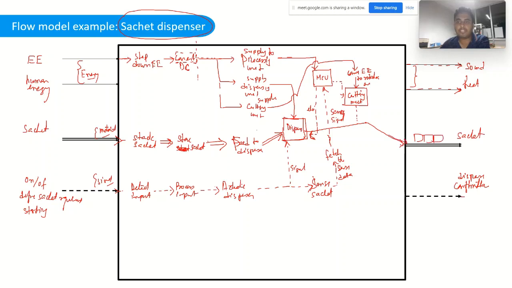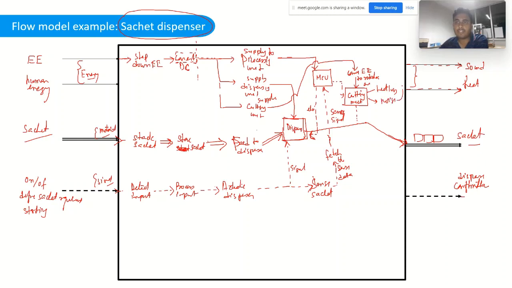So basically, this is how you are connecting the flow from sachet to sachet. Similarly, when you are cutting or dispensing, probably there is energy lost in terms of heat or noise.